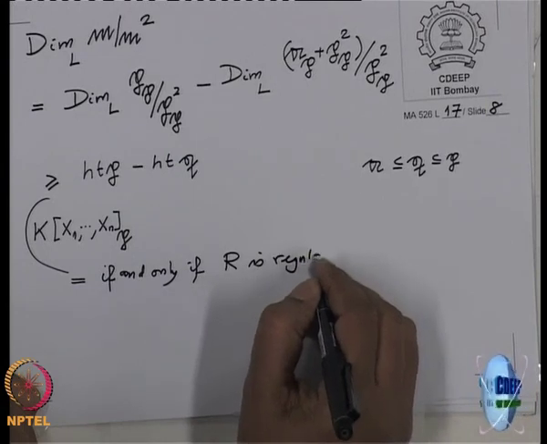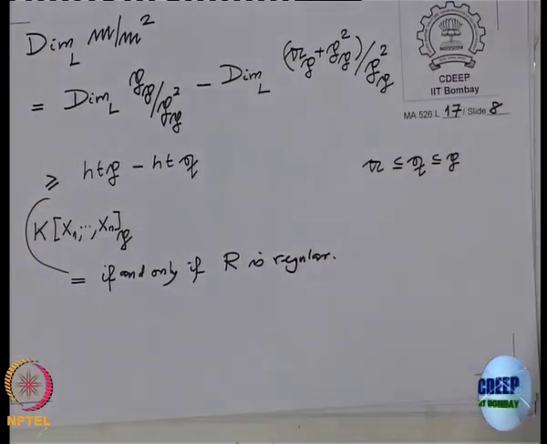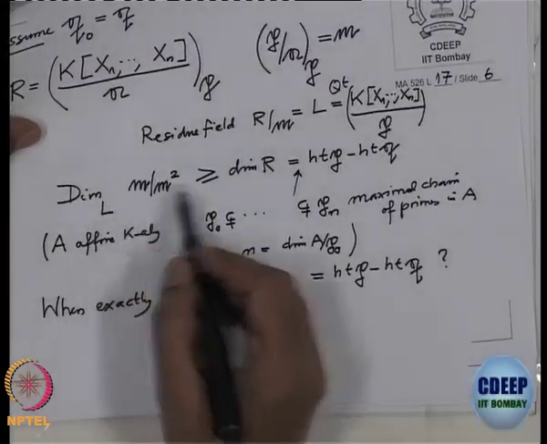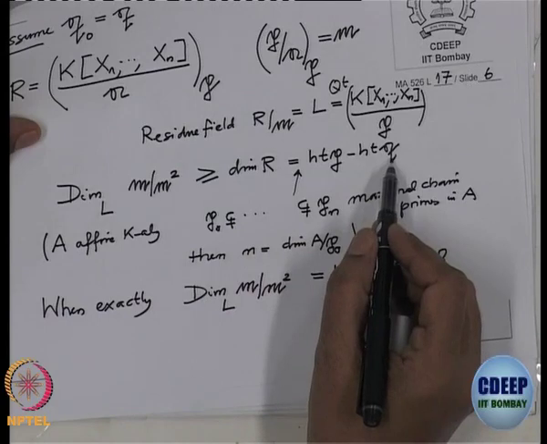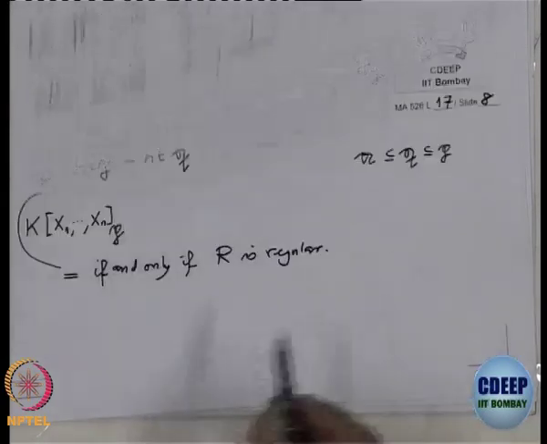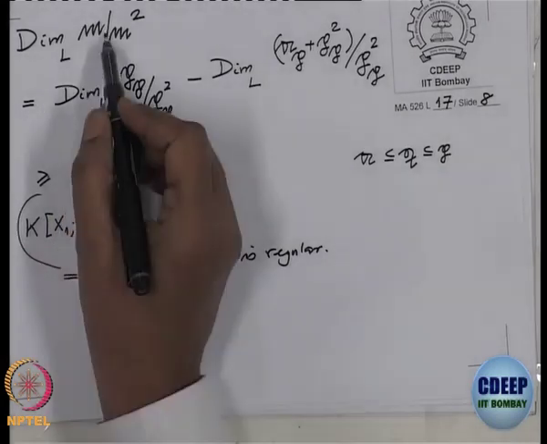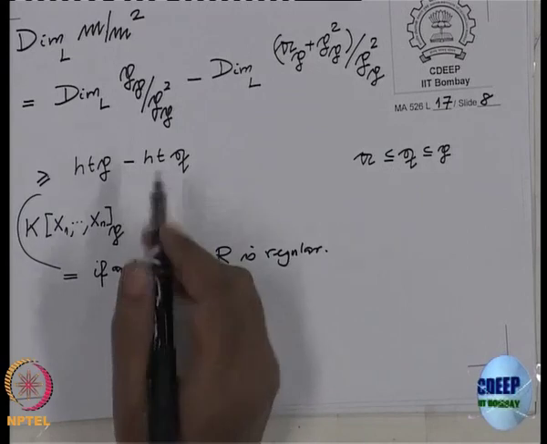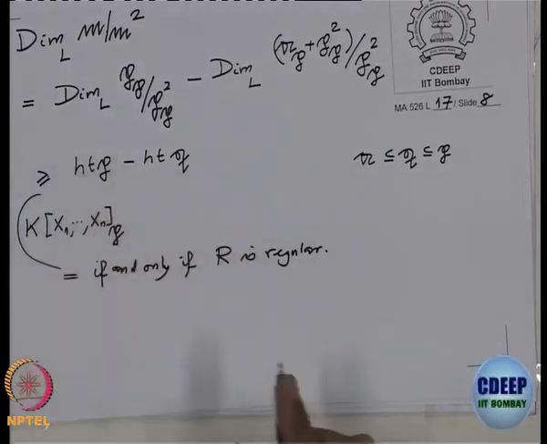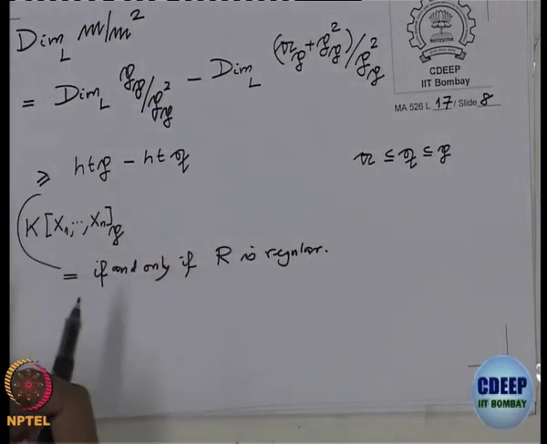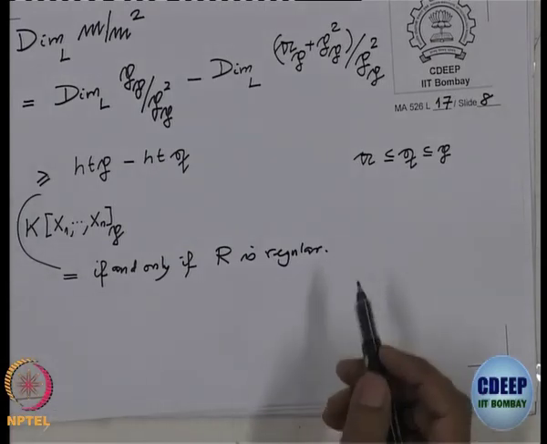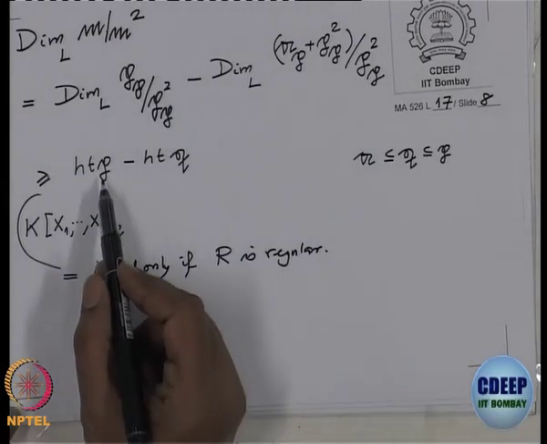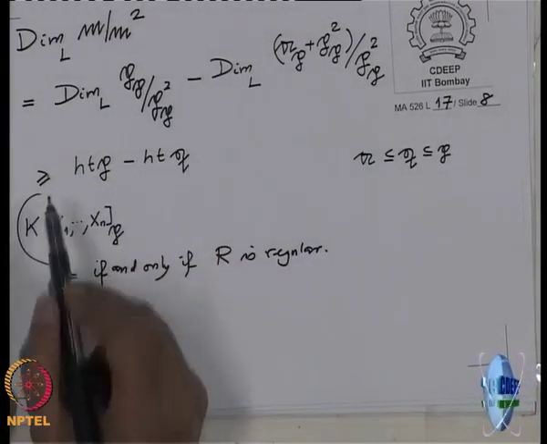That is because you see we have noted here the dimension of m by m square is bigger or equal to height P minus height Q. So, if equality happens here, that means the dimension of m by m square is equal to the dimension of R, and therefore R is regular. Equality if and only if R is regular. So, we got when R is regular in terms of height P and height Q, when the equality holds here.